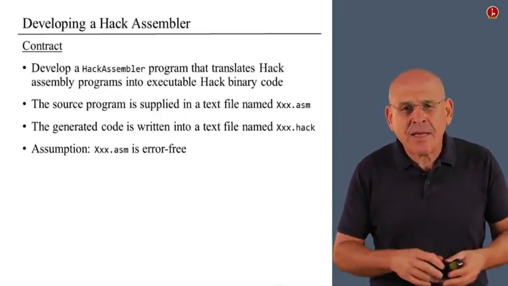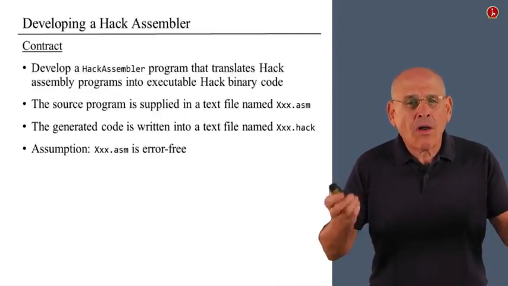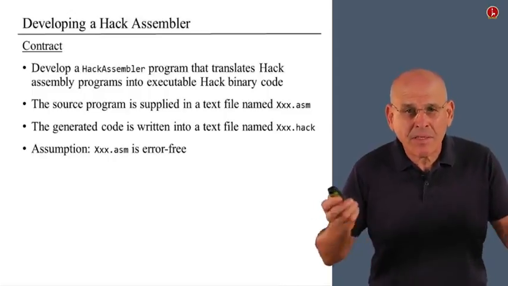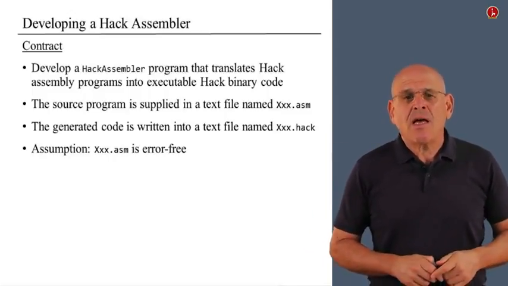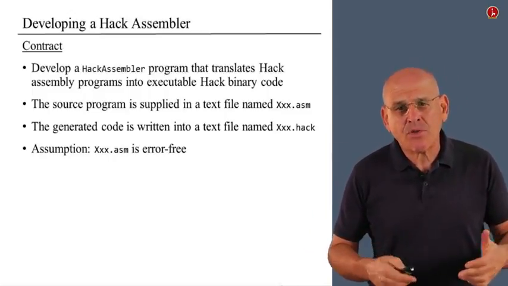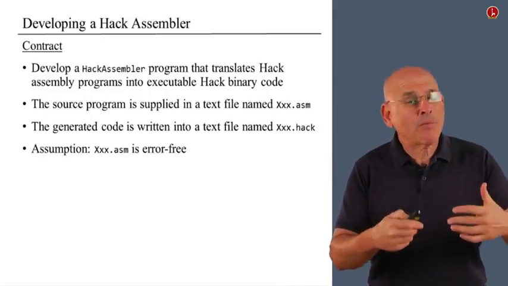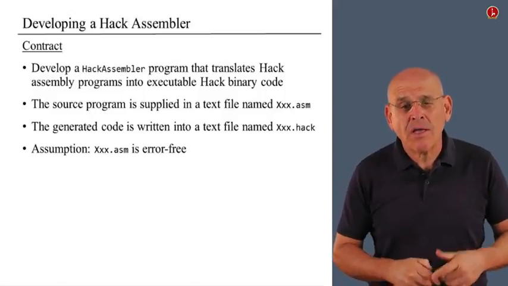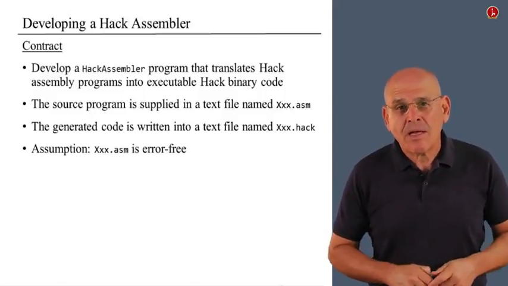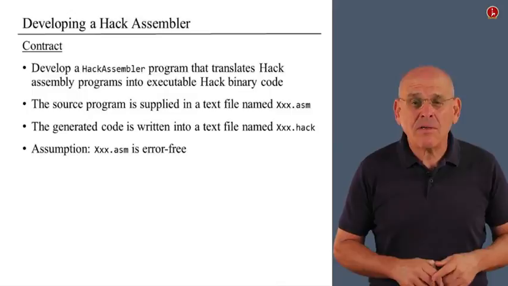We decided that we will call our assembler hack assembler. This is an arbitrary decision. And this program should translate hack assembly programs that are written in symbolic hack code, into executable hack binary code.